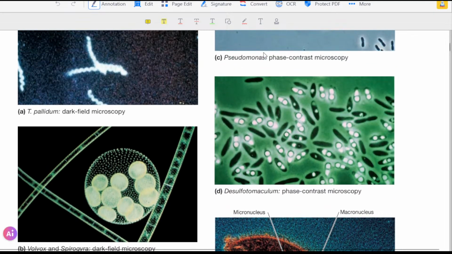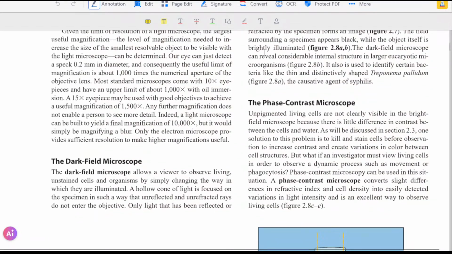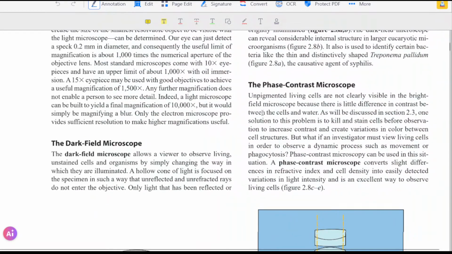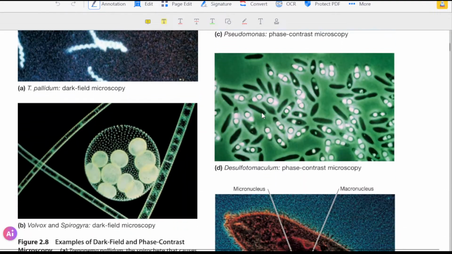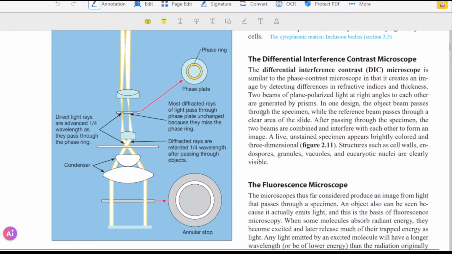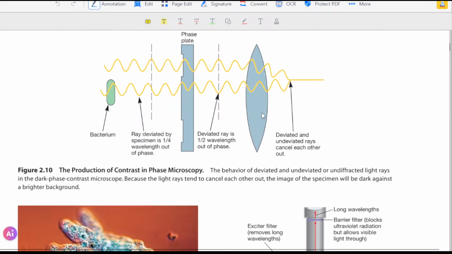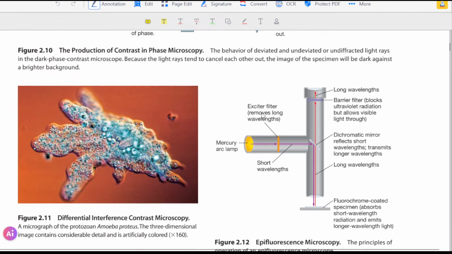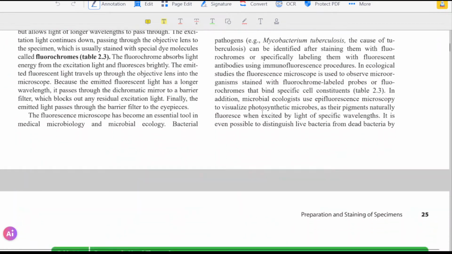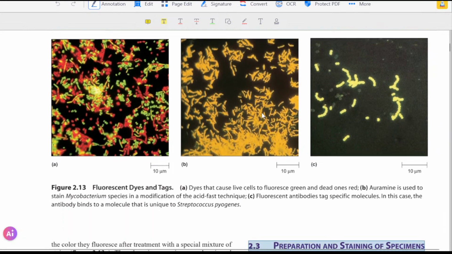The rest of the two diagrams are for tomorrow, or another day, for phase contrast microscopy, differential interference contrast microscopy, the fluorescence microscope, and things like that. So we are done with this, guys. Look at this, it's very interesting.